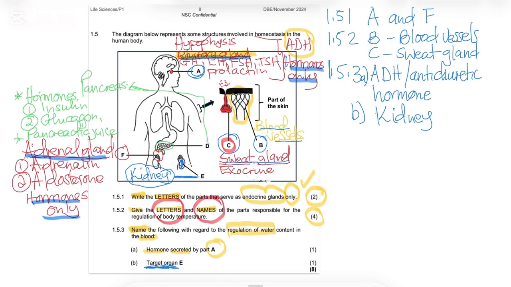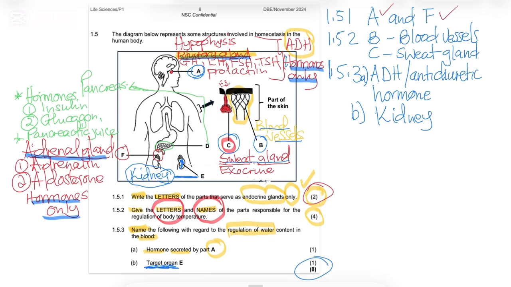Right? So let's just look at how your examiner would mark this question so that you can score a total of 8 marks there. All right, so question 1.5.1 is worth 2 marks.